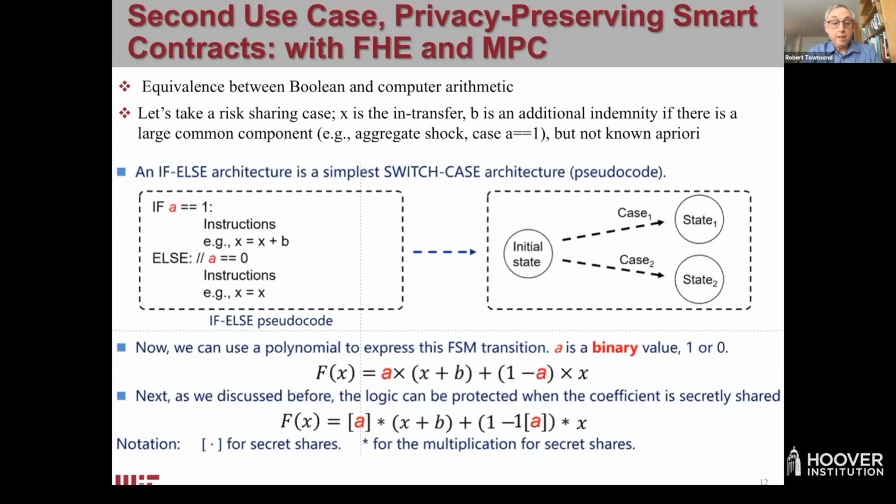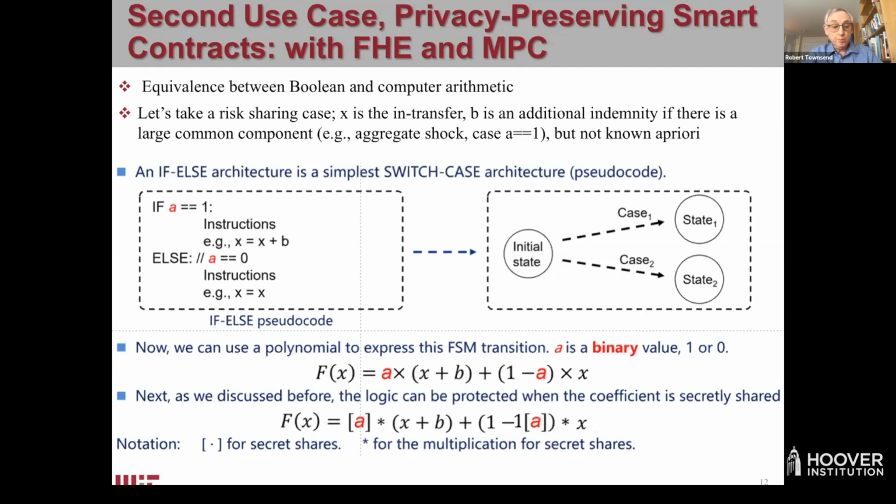So just think about, is there an aggregate shock or not? If there is an aggregate shock, A is equal to 1, and the B indemnity kicks in. If the aggregate shock is not there, then it's just X. So you see this sort of binary classification, if-then algorithms. This is what computers and code are very good at.